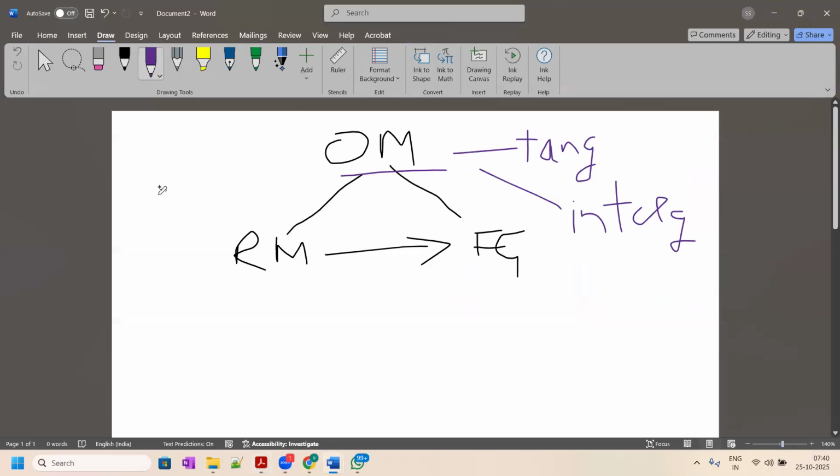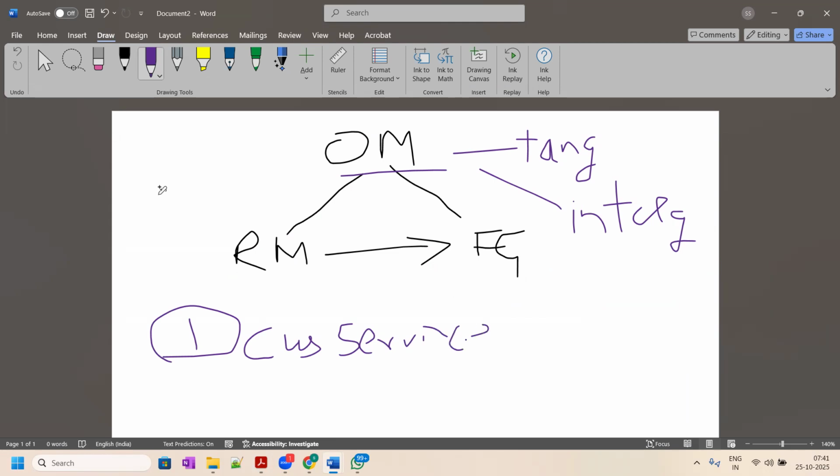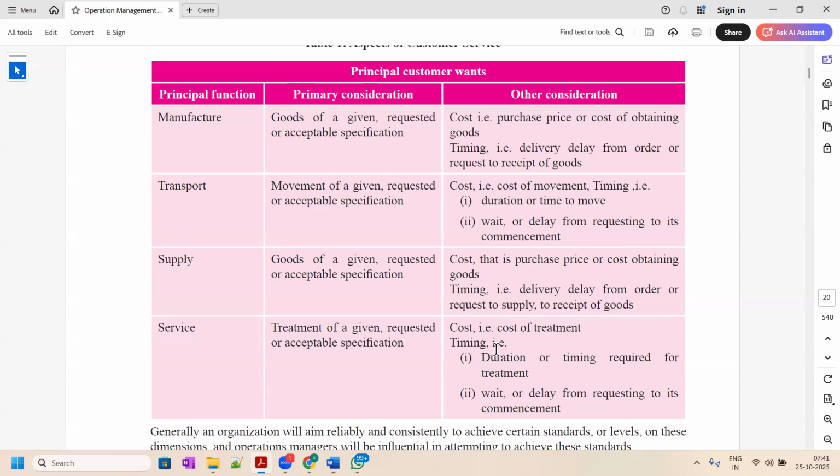So discussing the objectives of operation management, the first objective is the customer service. When we are talking about customer service, we are talking about getting the right product at the right time and at the right cost.